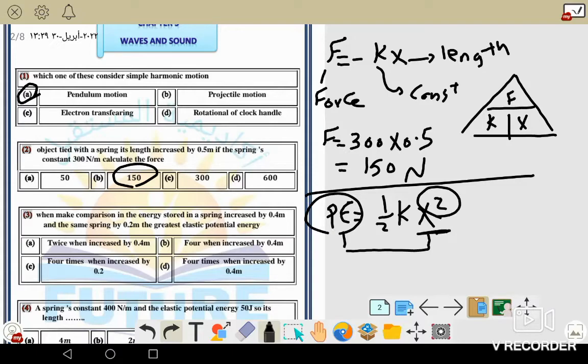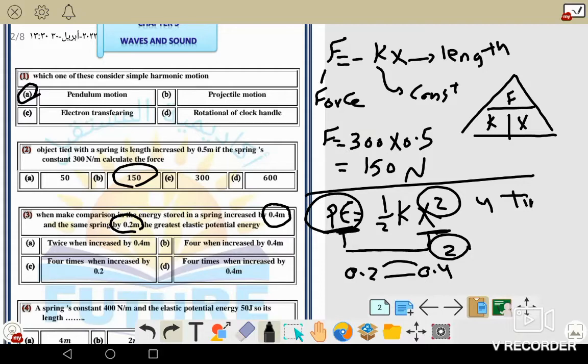By increasing x, PE increases. From 0.2 to 0.4 you doubled the length. So PE increased by 4 times because there is a square. 4 times when increased by 0.4.